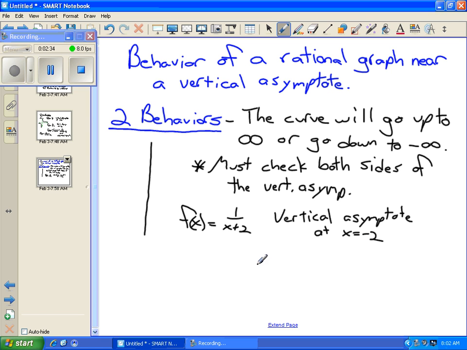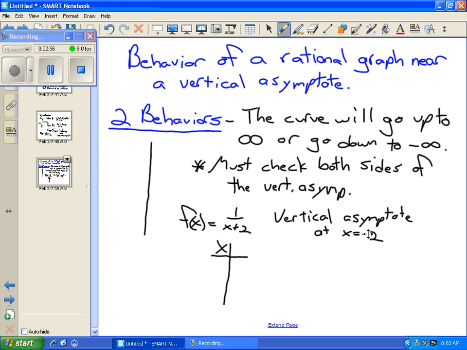So what we're going to do here is check numbers that get very, very close to negative 2 and see what happens to our function when we plug those in. If we're going to approach negative 2 from the left side, we'll make a table of values here.